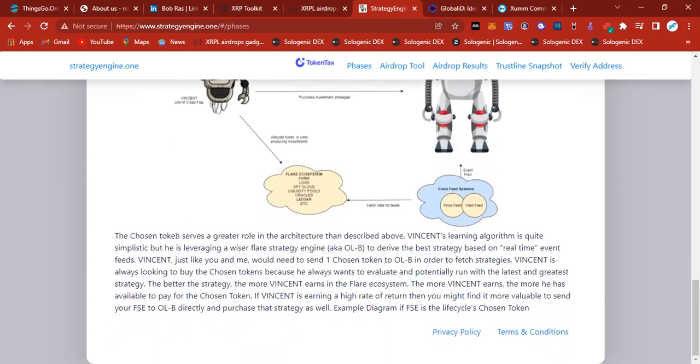So the chosen token serves a greater role in the architecture than described above. Vincent's learning algorithm is quite simplistic, but he is leveraging a wiser Flare strategy engine, aka OLB, to derive the best strategy based on real-time event feeds. Vincent, just like you and me, would need to send one chosen token to OLB in order to get the strategies.